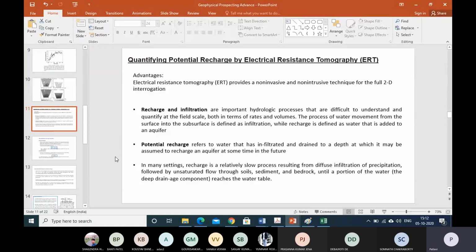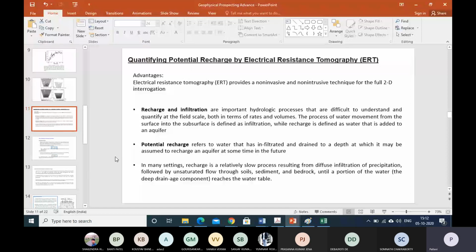For example, when recharge takes place, 100% saturation will not take place within a very small time. There will be other factors also. For example, roots will be there, sunlight will be there, so evaporation and evapotranspiration, all these phenomena will take place. Roots will take water from the soil, so there are lots of environmental conditions that we cannot bring to our laboratory. So that's why field-based experiments are always more useful.